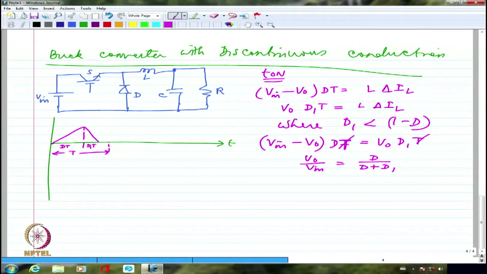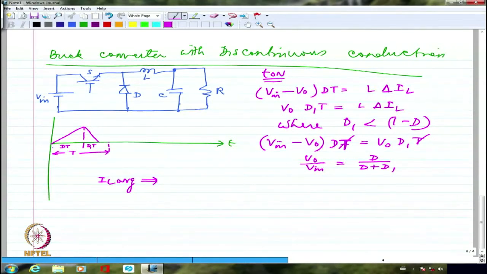So you have to actually look at how to solve for this d1. Will we be able to solve for d1? So if I am actually looking at what is the inductance average current in this particular case, that will be same as I naught. So get what is IL average, and then that can be solved for by actually solving this, right? This is essentially what is the area under this curve.